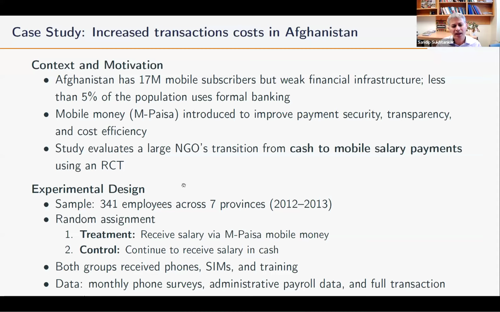They did this experiment with a small number of employees where some of them received their salary via mobile money and others continued to receive their salary in cash. To make sure that this is not just the impact of having a mobile phone, everybody at least had mobile phones, SIM cards, and training on how to use the mobile phones, okay? And they used data from monthly surveys, the administrative payrolls, and transaction records.